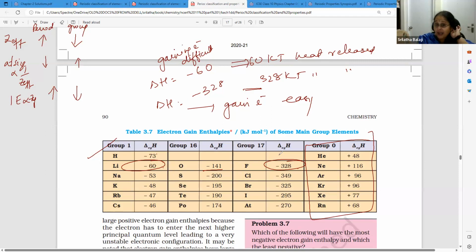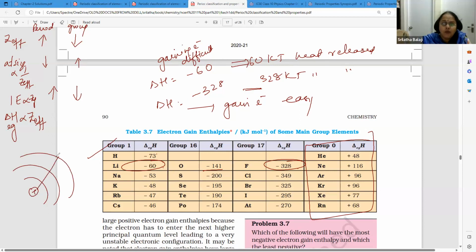Is it clear? Why? So here again comes, delta H EG is directly proportional to Z effective. See, more nuclear pull. Nuclear pull is greater.